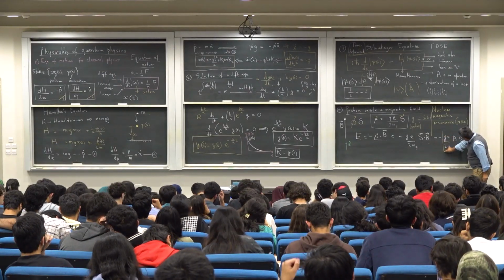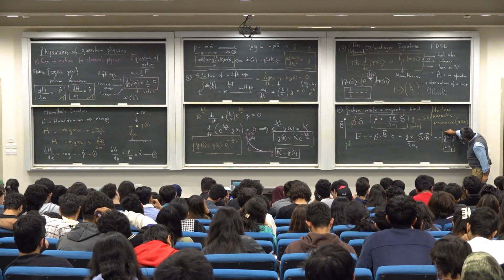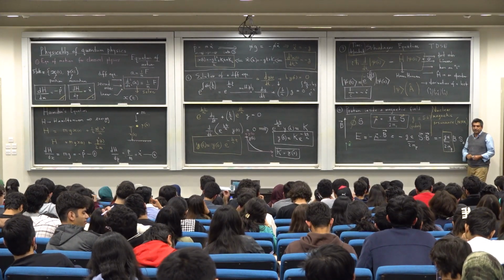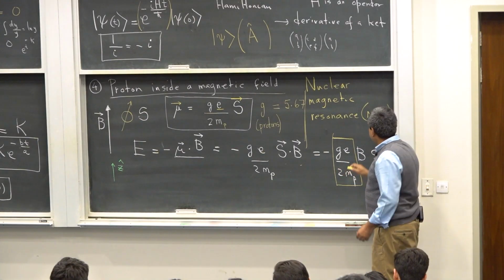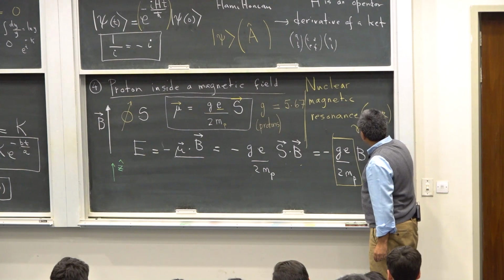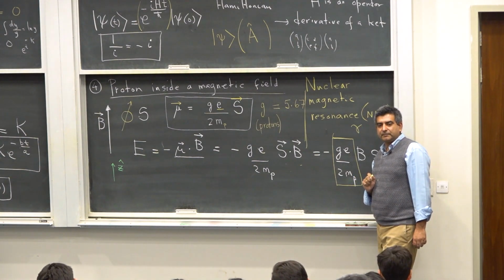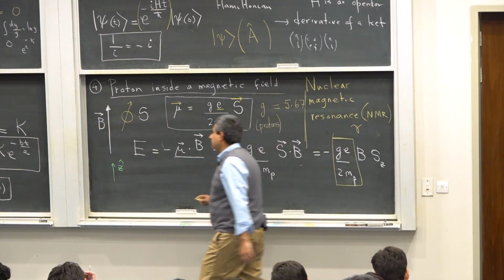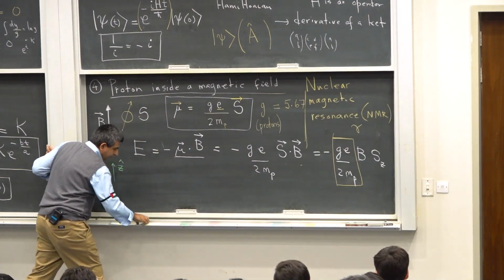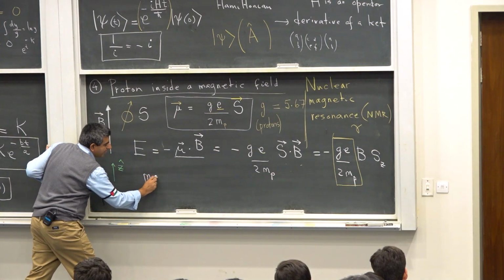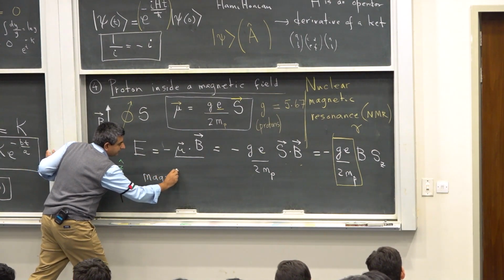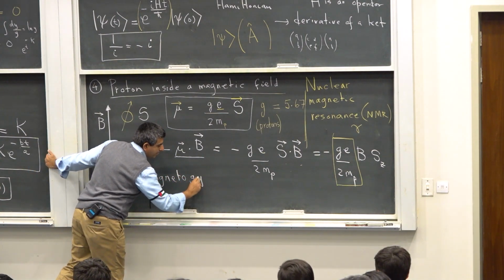This constant here for a proton is given a special symbol, gamma. This gamma is called the magneto-gyric ratio.